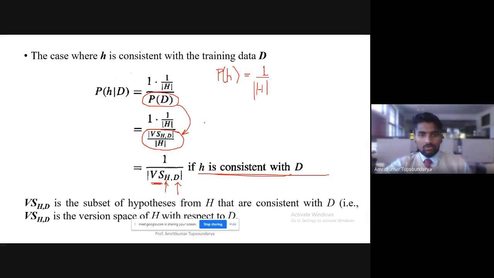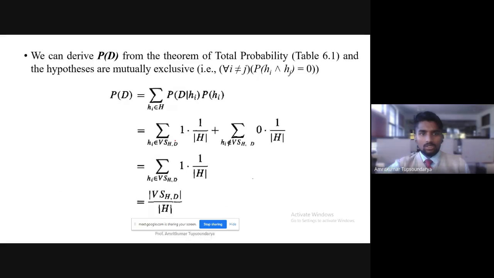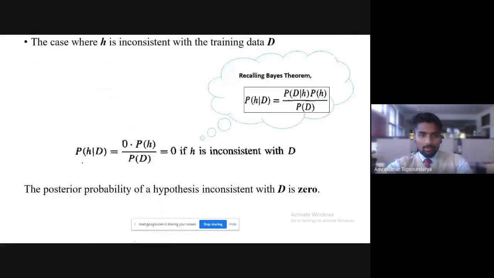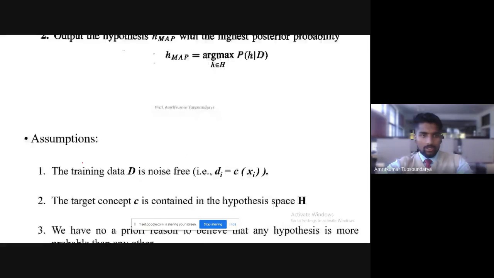So this derivation is what we are going to see now. That is the derivation for the probability of the data D from the theorem of total probability. Hope you remember the fundamental probability formulas that we saw, the basic probability formulas. Let me show you that table again.